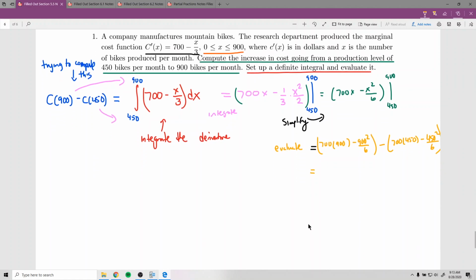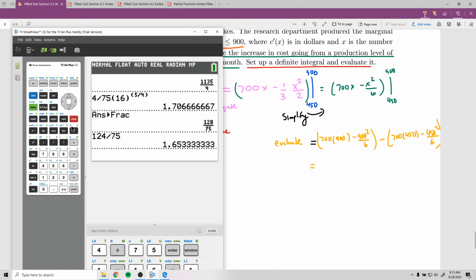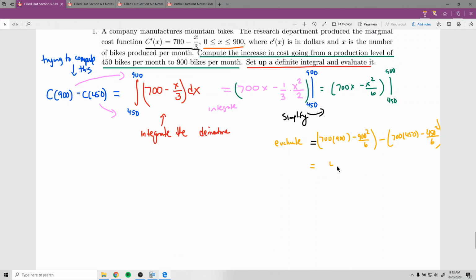And like with the rest of these, the number's pretty big. Let's look at the calculator and do as much at a time as you're comfortable with. So I'm going to do what I did before, do the first thing, 700 times 900 minus 900 squared divided by 6, 495,000, pretty big number.